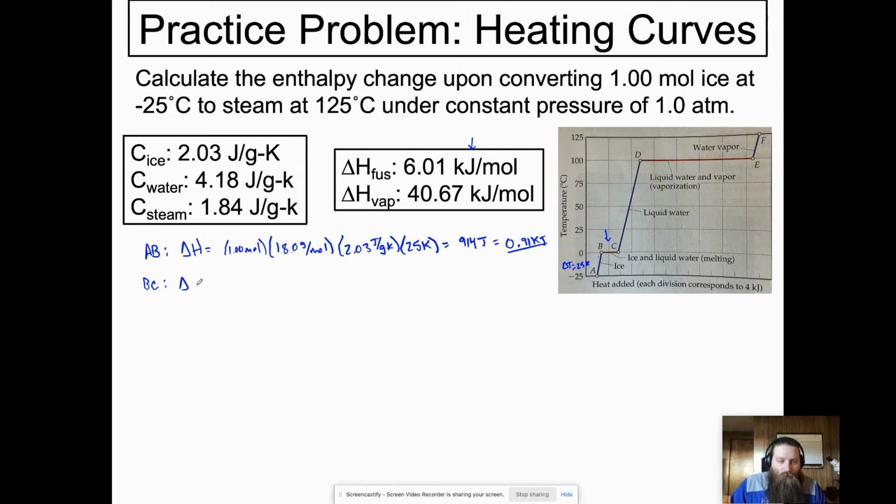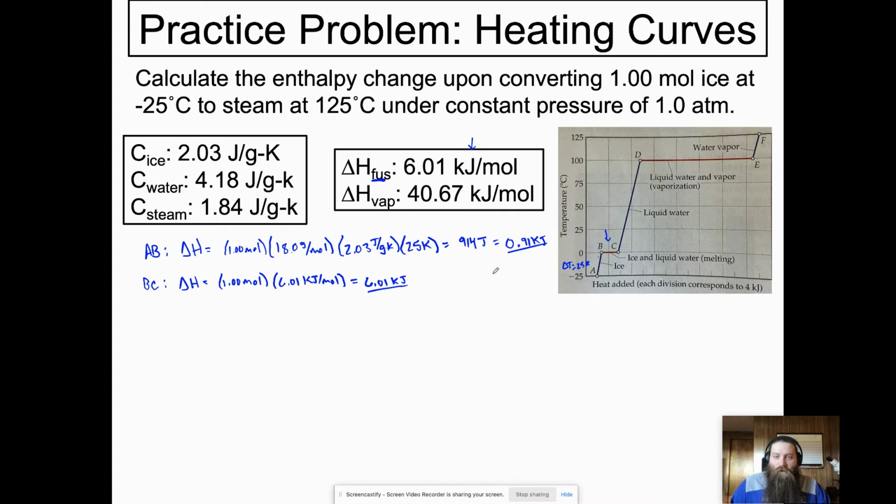So BC: delta H is going to equal 1.00 mole of ice melting to form liquid. So I need to use the fusion value of 6.01 kilojoules per mole. Mole is going to cancel, and I'm left with 6.01 kilojoules. Convenient, right?